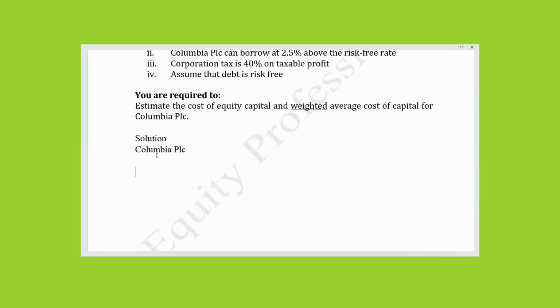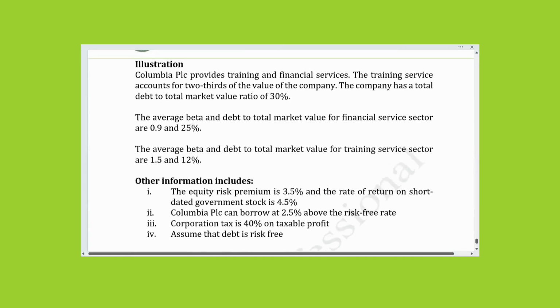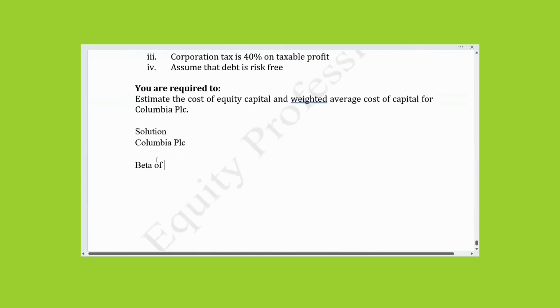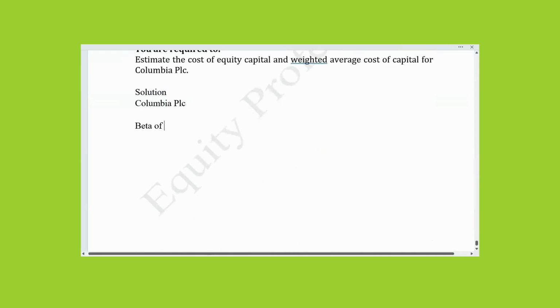Therefore, I would then say beta of each activity. What's the first activity? Training is the first one. So beta of training.